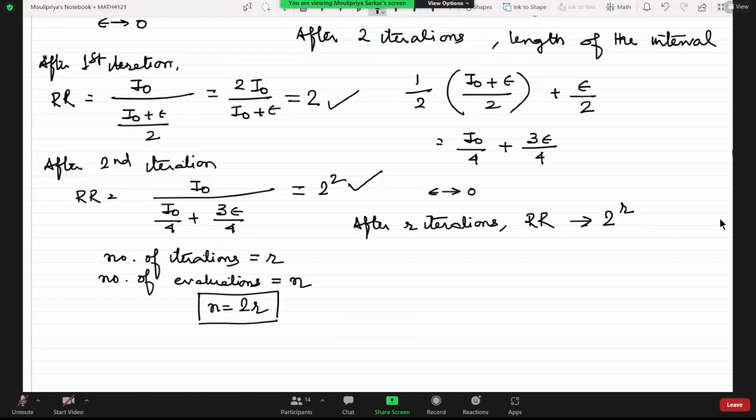That implies we can also say that after r iterations, the reduction ratio can also be expressed as 2 to the power of n by 2.